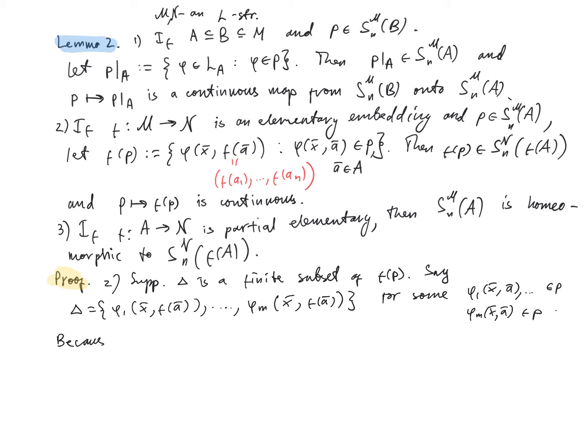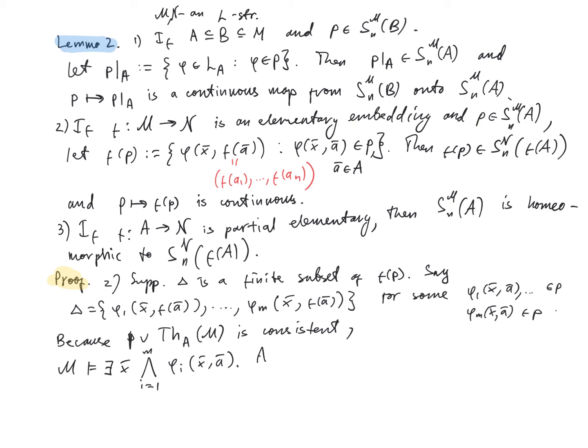Now, because we know that p is a complete type, so in particular p together with the A-theory of M is consistent, we have that M satisfies the existence of an element, so there exists x bar so that all of these finitely many formulas phi_i(x bar, a bar) hold, simply because we know that the type has to be realized in some elementary extension of M, and so any finite set of formulas like this must be realized in M then.